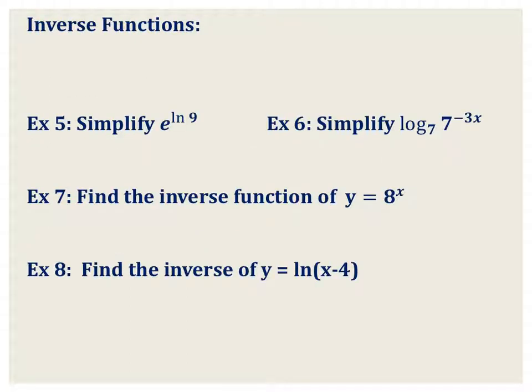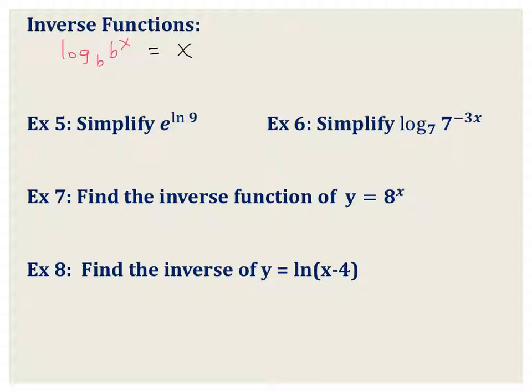Alright, so given that exponentials and logs are inverse, let's have some fun. So if I have log base b, and then I have a b to the x, what happens is the log b and the number b cancel, and what you're left with is equal to x.